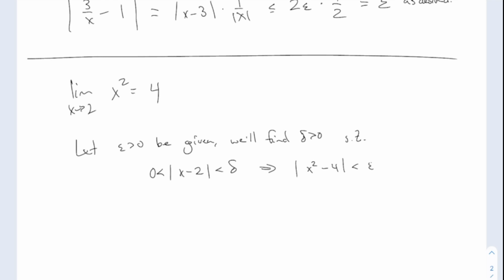A little harder to see because it was in the denominator. You have to use the other one.